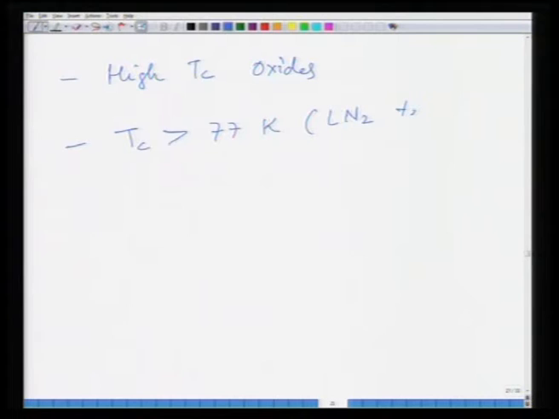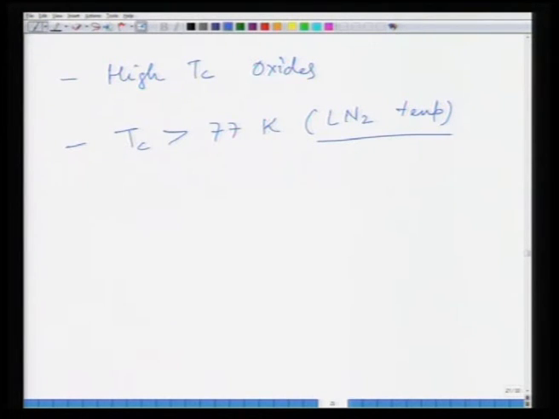Now the superconducting oxides, since their TCs are typically higher than 77 Kelvin, which is liquid nitrogen temperature, they are used in a variety of applications.